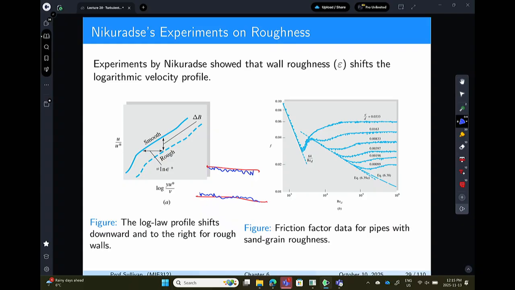And so you end up with the curve on the right. You're used to this; we talked about this. That's laminar flow. Here you have the smooth pipe relation.